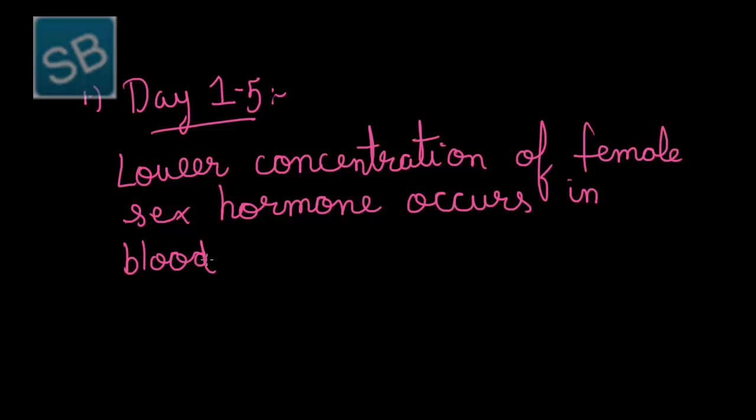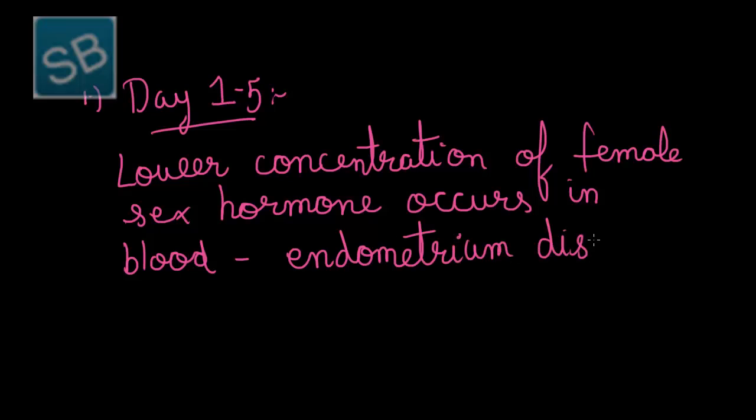These female sex hormones include both estrogen and progesterone. Due to the lower concentration of female sex hormone, the endometrium layer of the uterus gets disintegrated, and therefore it breaks up.